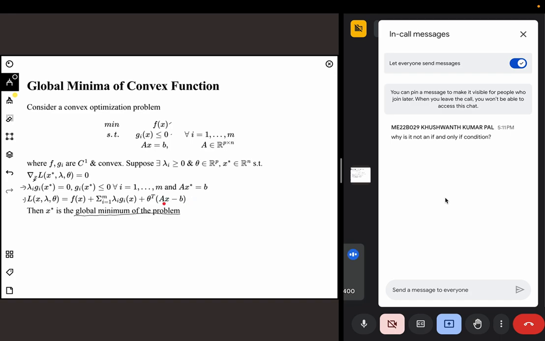This doesn't need to be linear. You can also have nonlinear equalities. Then all you have to do is have a summation, j equals 1 to p, of theta j times a j of x.